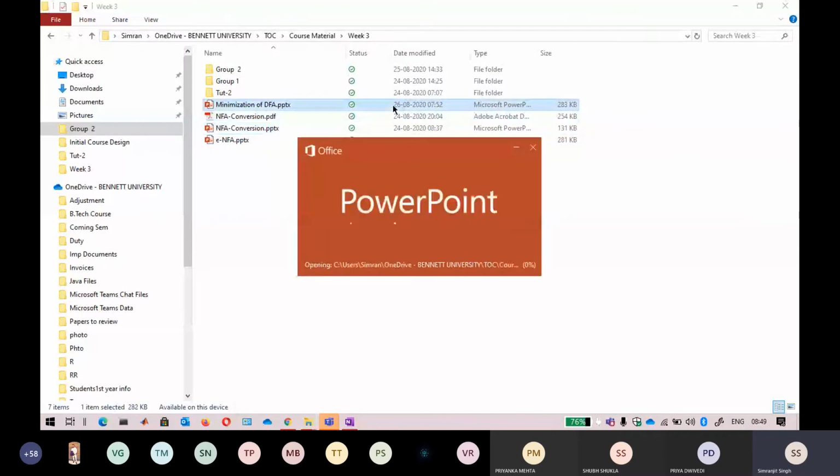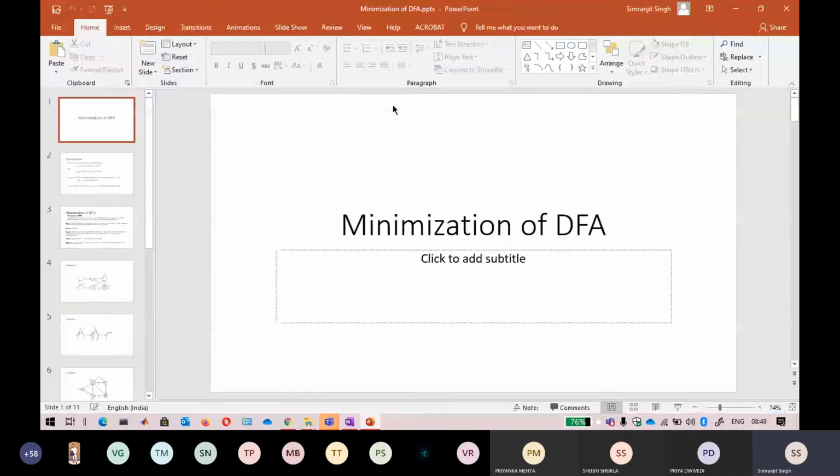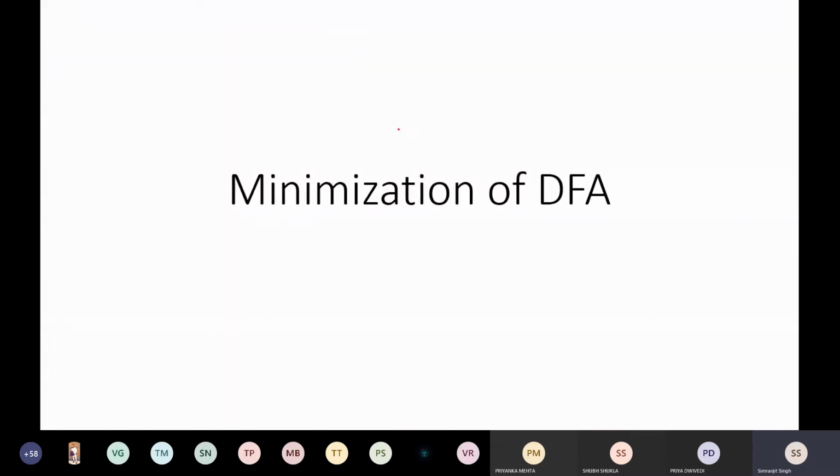This is one of the most important topics, and I have told you many times that for a particular language there are multiple DFAs that can exist.